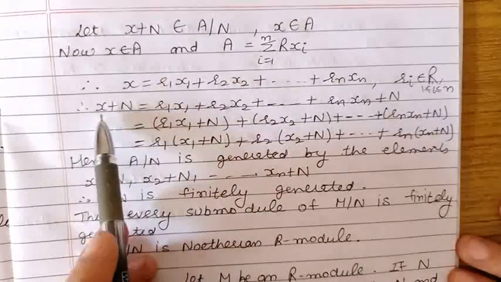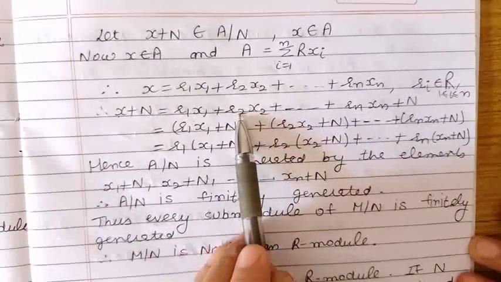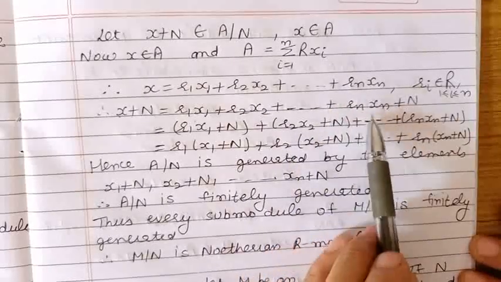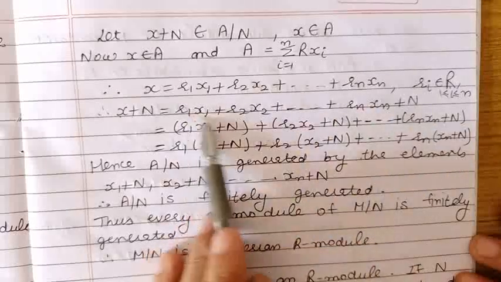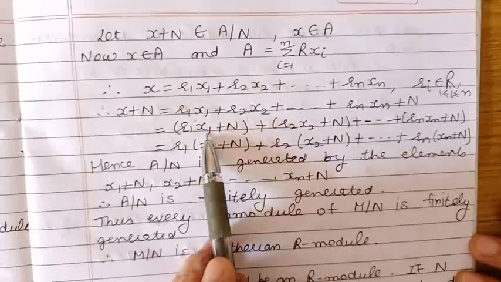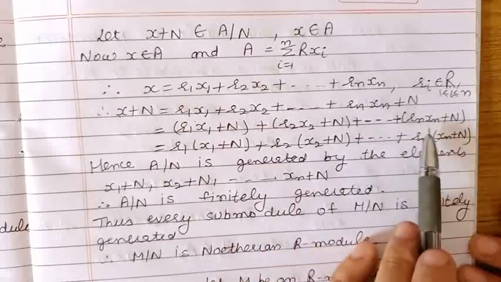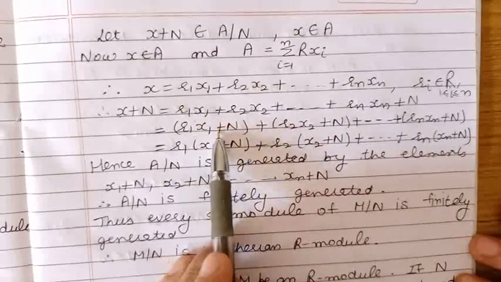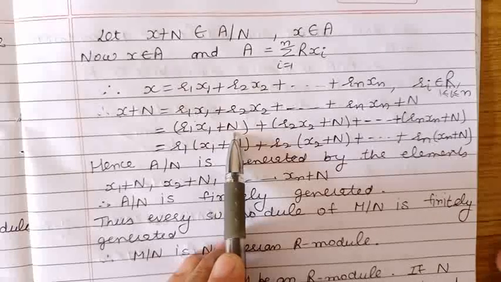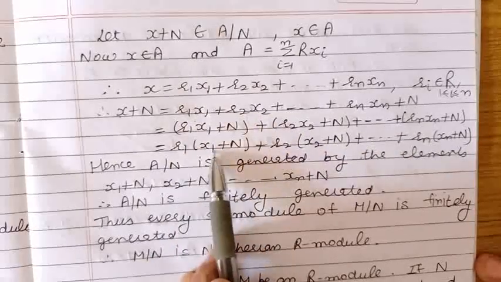Now let us find x plus N. So x plus N will become r1 x1 plus r2 x2 plus r3 x3 and so on up to rn xn plus N. Now, by definition of addition in quotient modules, this can be written as r1 x1 plus N plus r2 x2 plus N plus r3 x3 plus N and so on up to rn xn plus N. Now this element r1 x1 plus N, by definition of scalar multiplication in a quotient module, can be written as r1 into (x1 plus N).